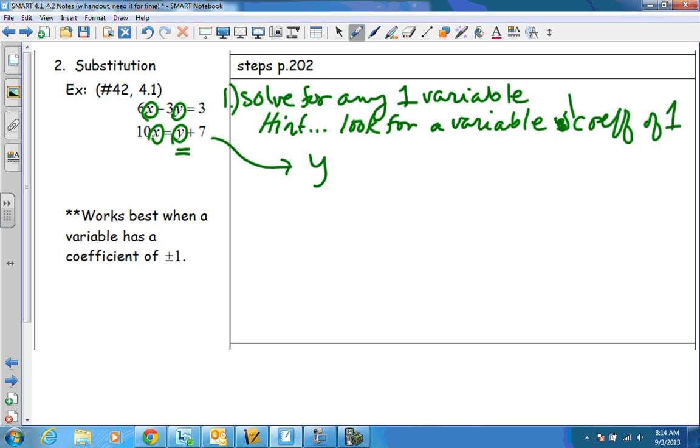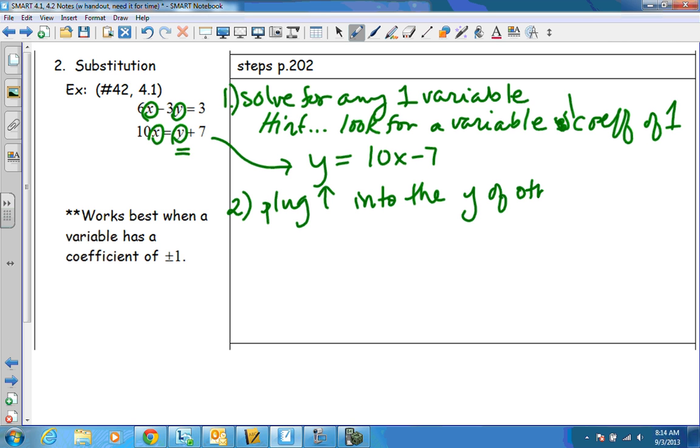And that y is going to be equal to what? 10x minus 7. Plug that variable into the y of the other equation. If you had solved for an x, you plug it into the x in the other equation.